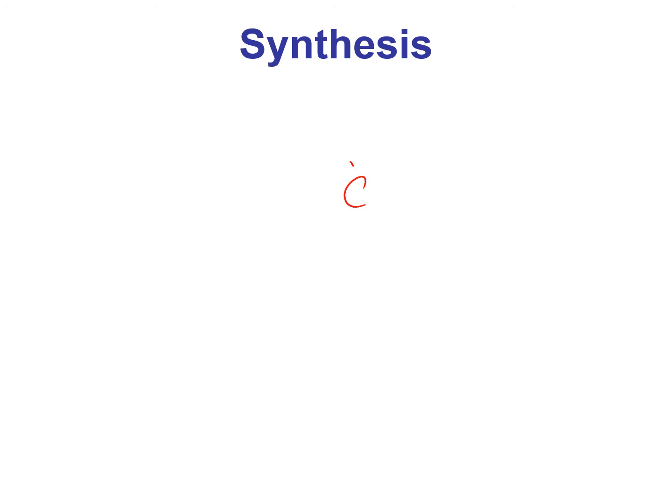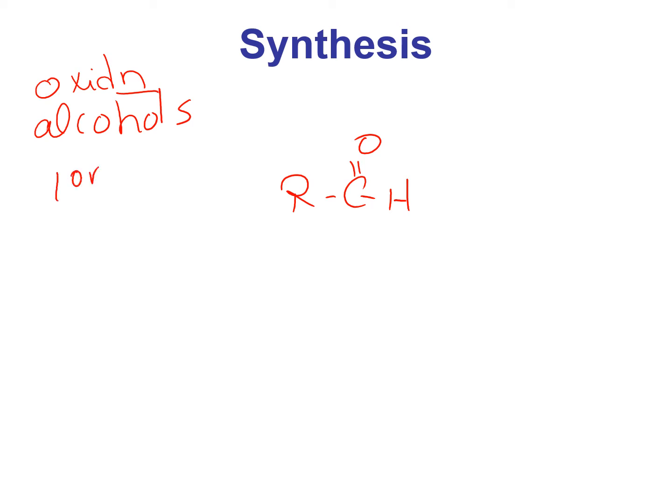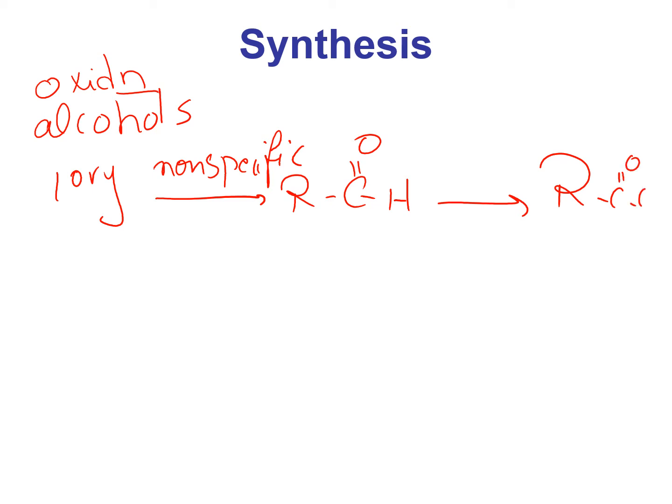So the carbonyl compounds of aldehydes and ketones can be prepared by oxidation of alcohols. If we use a primary alcohol to get an aldehyde, a non-specific oxidizing agent will not stop at the aldehyde and will give the carboxylic acid.